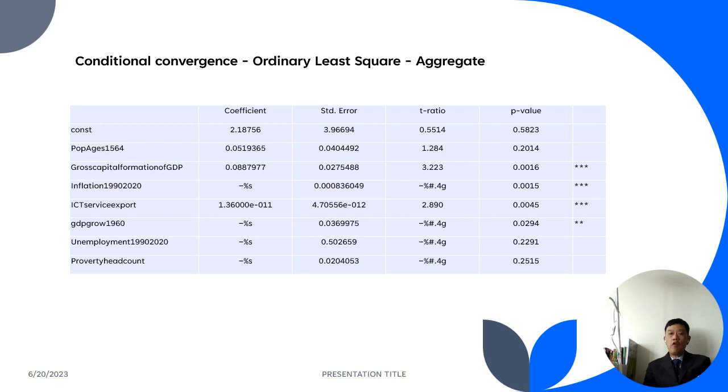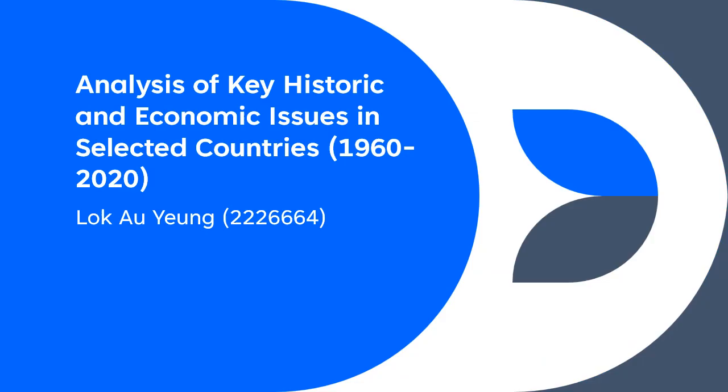However, when other variables are added, the coefficients become smaller and less significant, implying that other factors may influence the convergence process. For example, population growth, capital formation, education, and ICT service export have positive and significant effects on GDP per capita growth, while inflation and poverty have negative and significant effects. This result indicated that conditional convergence may be more realistic than unconditional convergence.